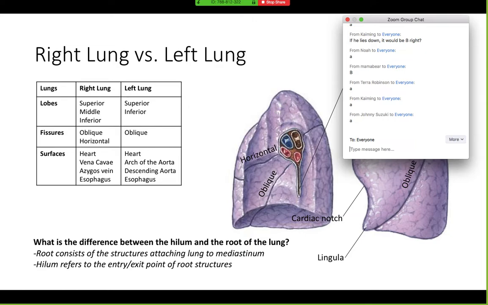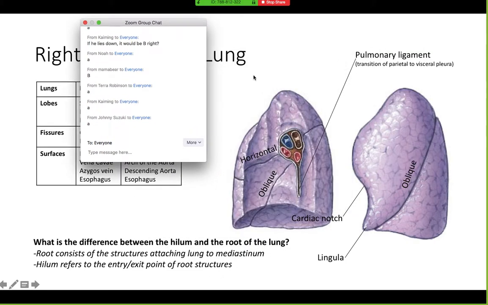So the root's talking about the actual structures. The hilum is just referring to this area in general. And then also here in the left lobe, we have the lingula. Another important structure, or landmark, whatever you want to call it.